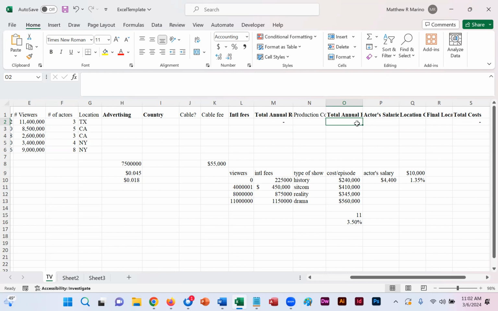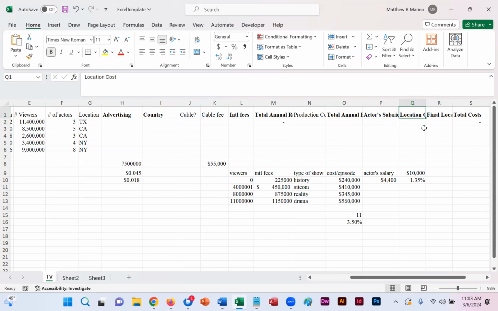Could you go over the location cost again? For location costs, it says programs produced in New York are charged an additional fee. New York in the location column indicates there is a fee, which is 1.35% of the total annual revenue of that show. However, the maximum fee allowed is 10,000.